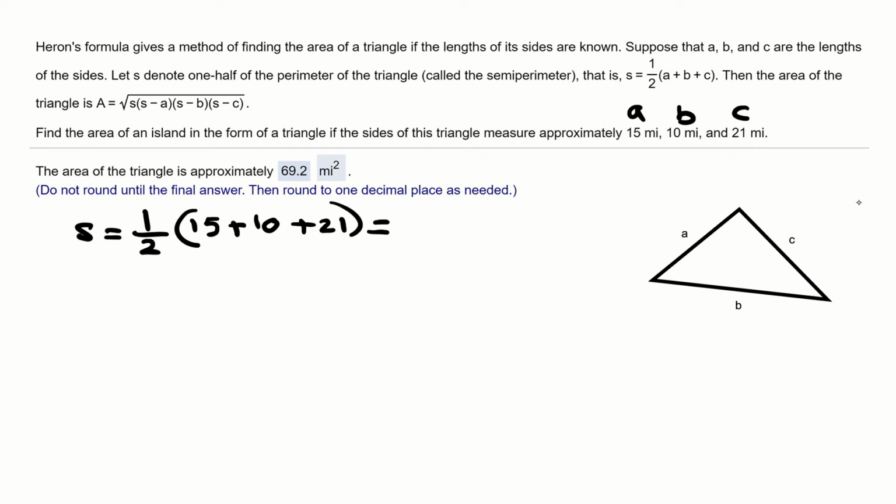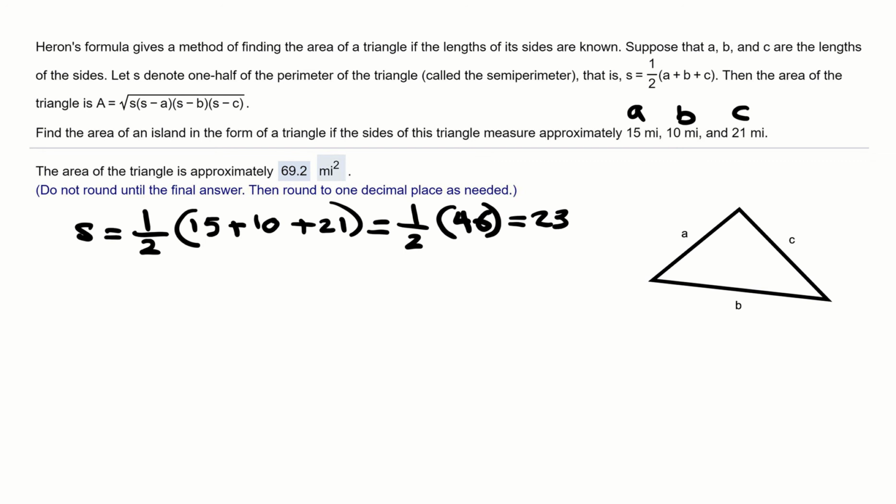So that's 1/2 of, that's 25 and 36. Let's make sure we do that one more time. 25, no, that's 46. So 1/2 of 46, which will give us 23.